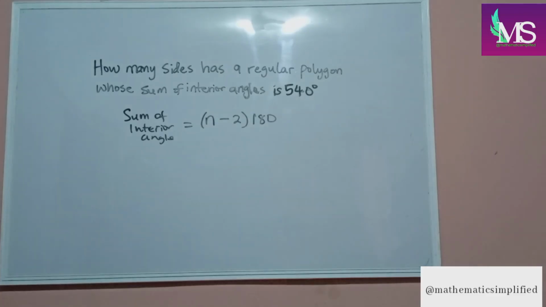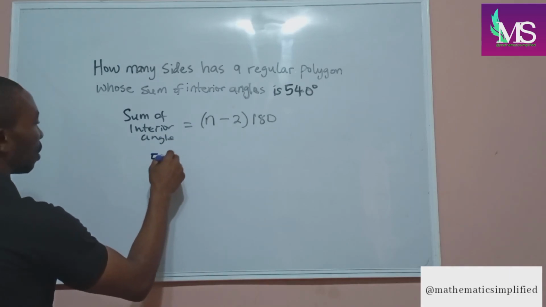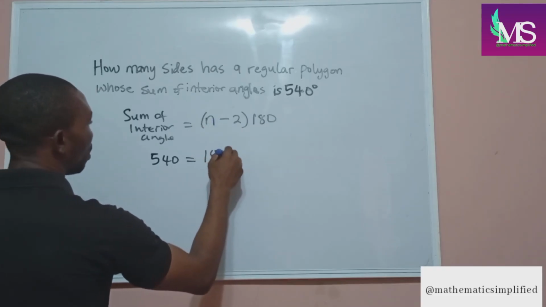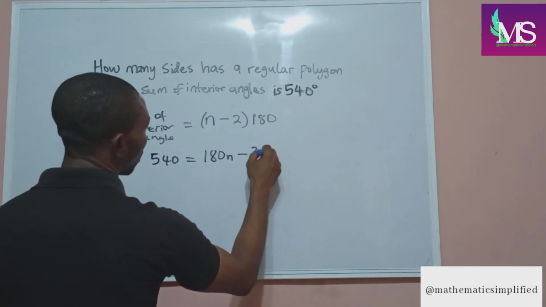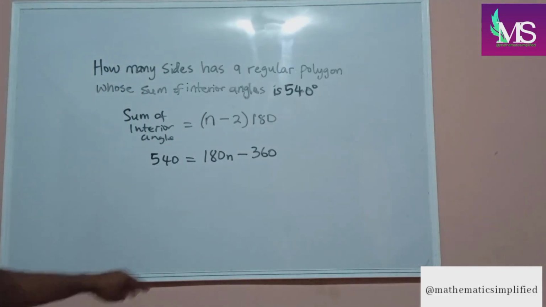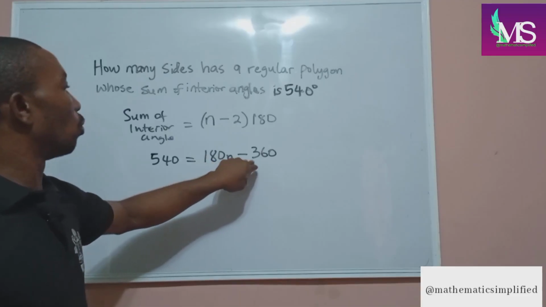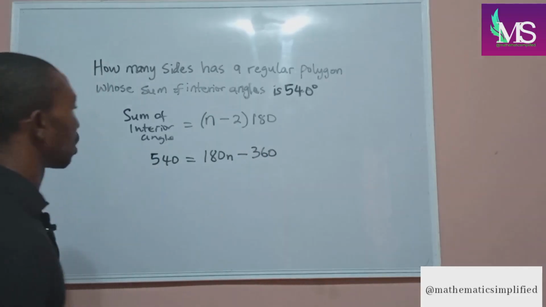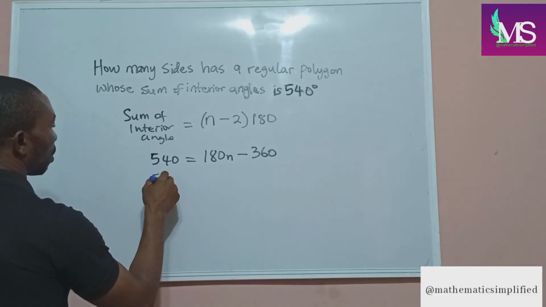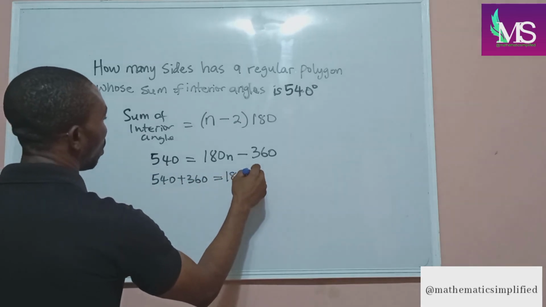Since we are given the sum of our interior angles as 540, this becomes 540 equals, opening this bracket, 180n minus 360. Next we collect our like terms. We move 360 over to the other side, that is, add 360 to both sides. This becomes 540 plus 360 equals 180n.